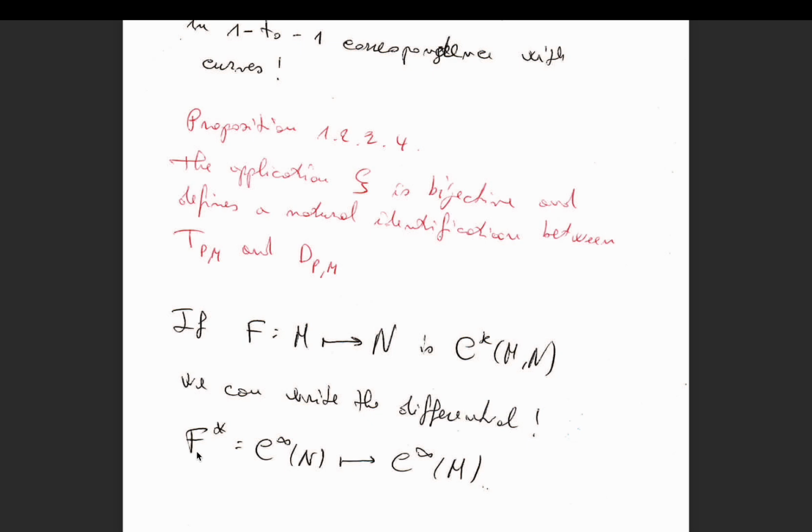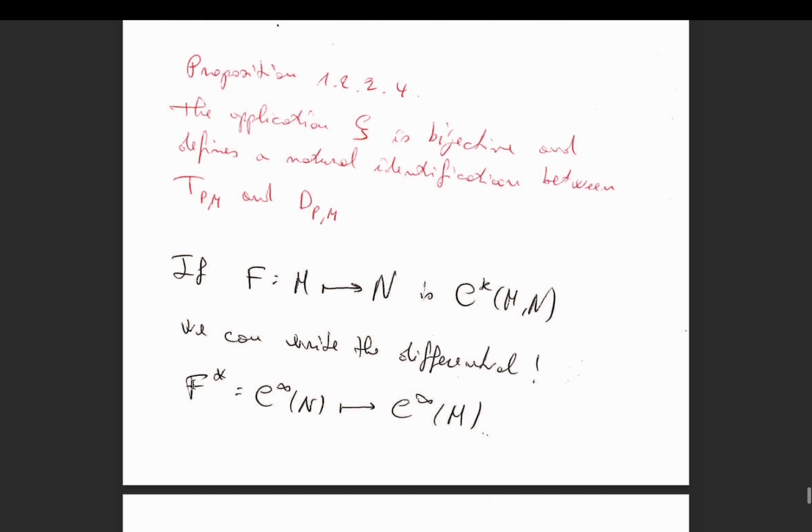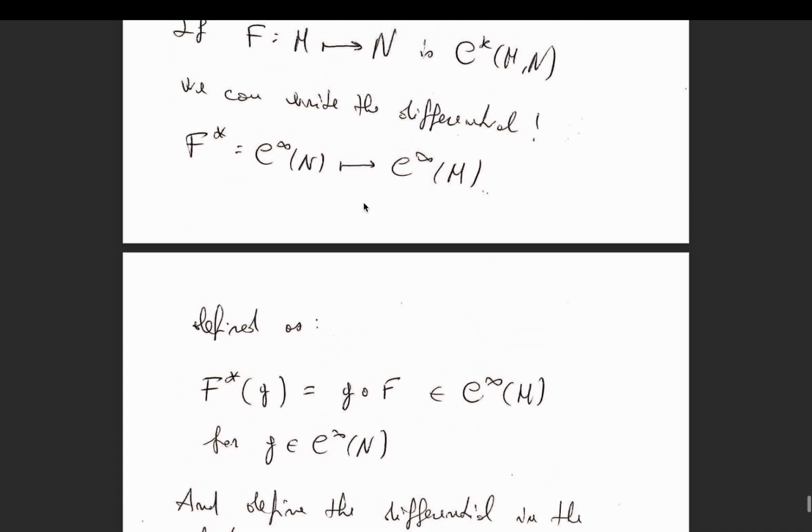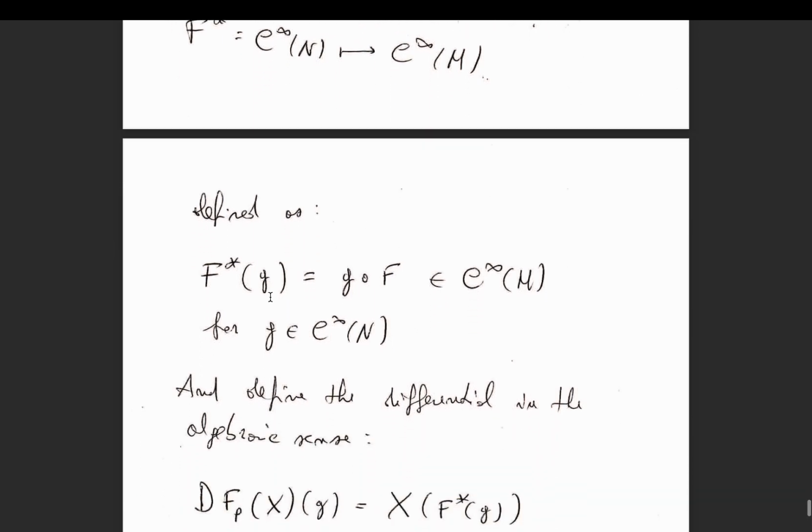It's easy to see that F induces a map F star which goes from C infinity of N into C infinity of M, being C infinity of N the space of smooth functions over N, and C infinity of M the space of smooth functions over M. If f belongs to C infinity of N, then f composed with capital F belongs to C infinity of M. So F star of f is equal to f composed with capital F.